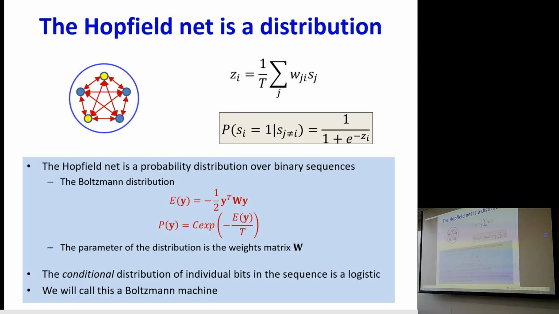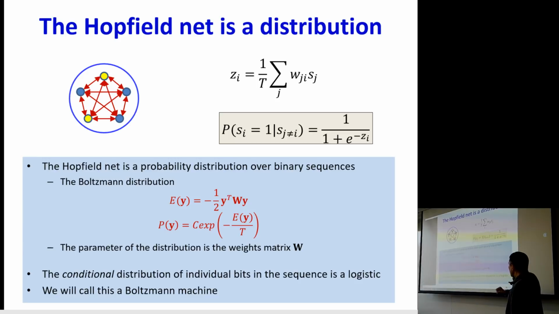So it turns out that the Hopfield network is actually a probability distribution over binary sequences. If you randomly initialize the Hopfield network and let it evolve, once it has arrived at some statistically stable configuration, so to speak, the probability of finding the network in any given state is given by the Boltzmann distribution.